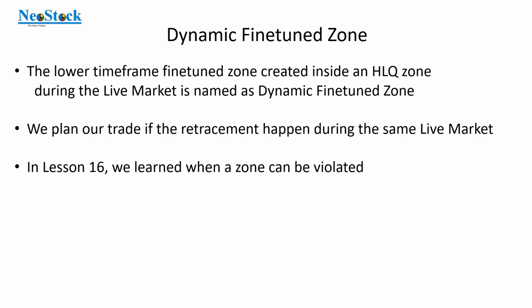Based on the conditions, we are in a position to identify that this zone is going to be violated. Why is it going to be violated? Because there is no fine-tuned 5-minute zone, because the price structure in that zone is not good, or maybe the fine-tuned 5-minute zone is already tested. Like that, we discussed several reasons, and you know that the zone will be violated.